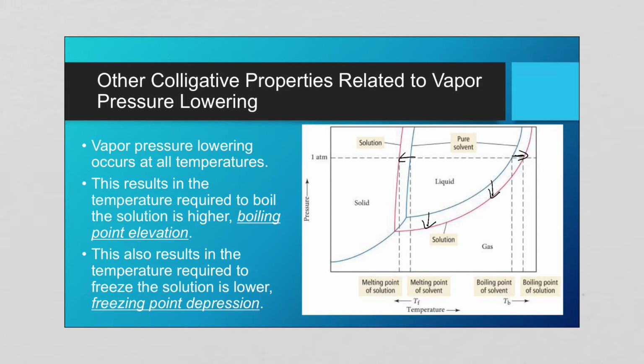So this vapor pressure lowering causes changes to the boiling point and to the freezing point. And we recall these: boiling point elevation, indicating that the boiling point is elevated for the solution, and freezing point depression, indicating that the freezing point is lower for the solution.